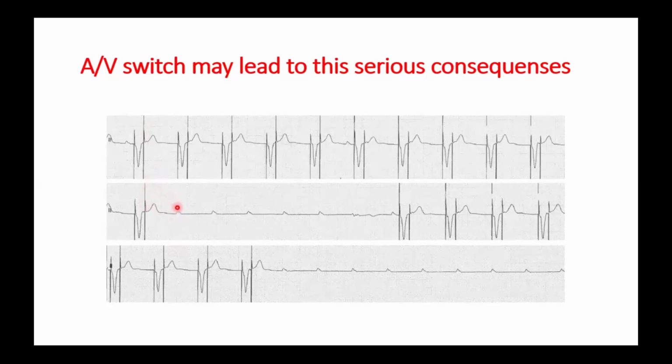It has sensed the P wave as if it is ventricular, because the amplitude has been sensed. So the pacemaker thinks, okay, this is higher than me, I'm not going to fire. But because it is inhibited by what it senses in the ventricle, it stopped firing, so the patient had this asystole.